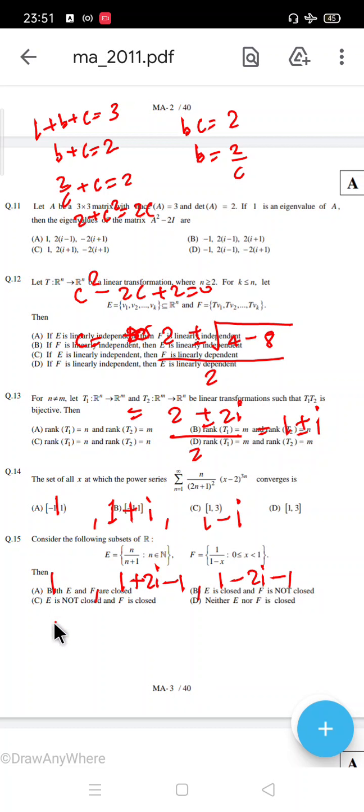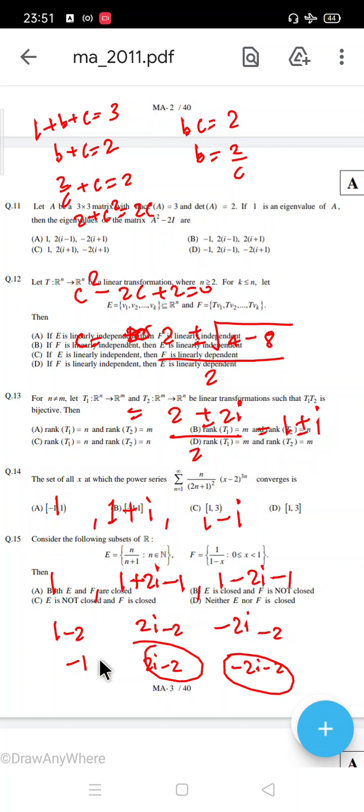But I want minus 2I, so I have to subtract 2. So 1 minus 2 is minus 1, and this is 2i minus 2, and this is minus 2i minus 2. So these are the eigenvalues. They wanted this only.